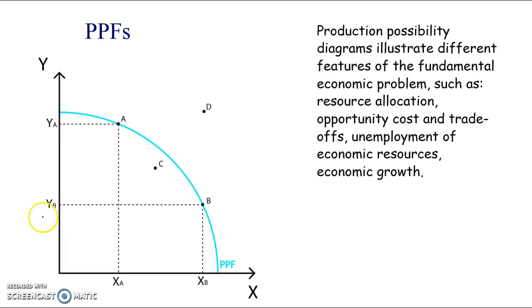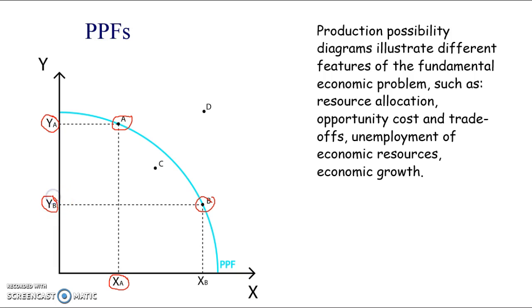So resource allocation. Here we have point A on the curve, and we have YA, a quantity of Y that we're able to produce, and a quantity of X that we're able to produce. Here we have point B, and this is a different resource allocation. We would be putting different quantities of resources in.